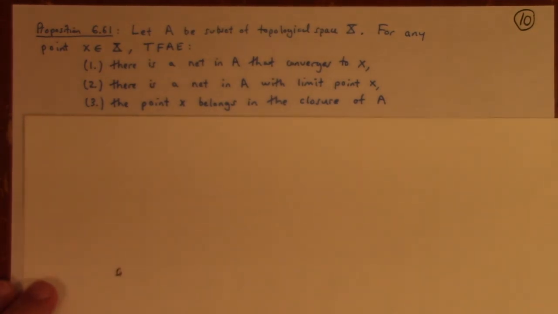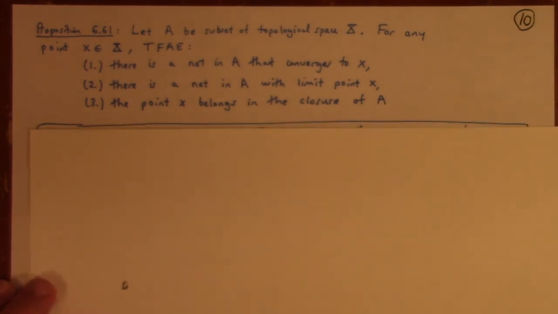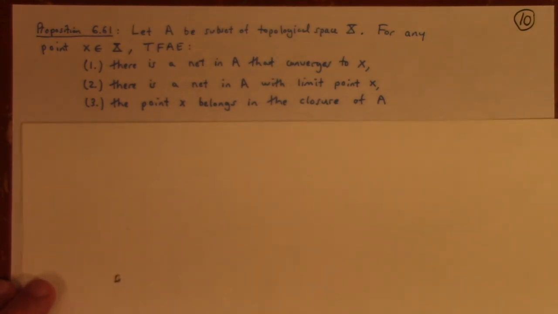There is a net in A that converges to X. There's a net in A with limit point X. The point X belongs to the closure of A. So, there's that.